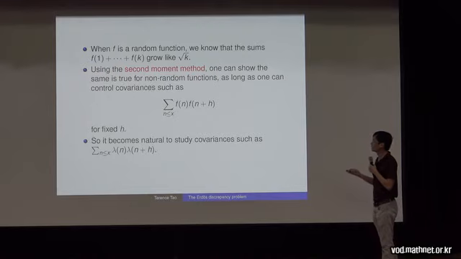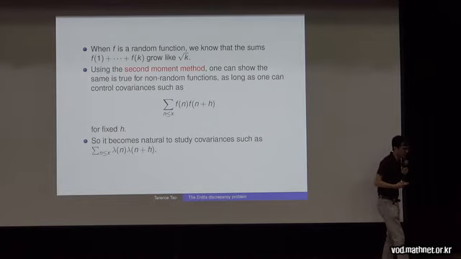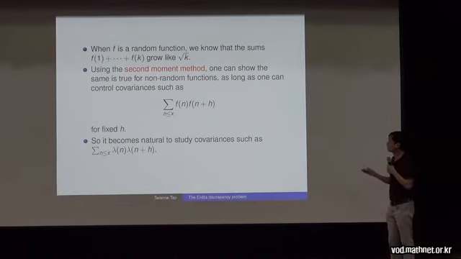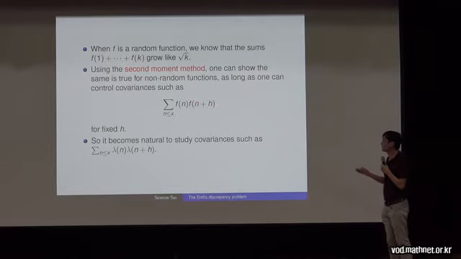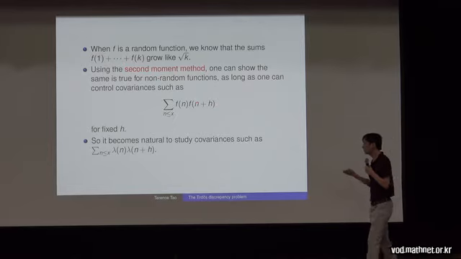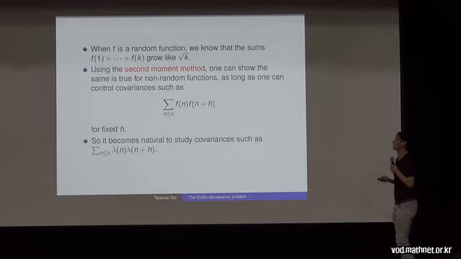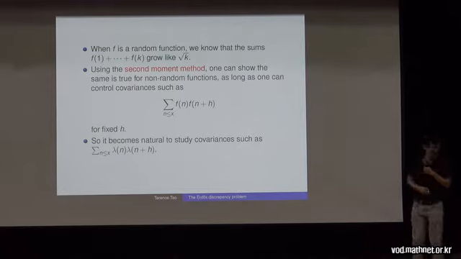So you sum things like f of n times a shift of f of n. These are called correlations or covariances. If all these covariances are small, then you can use tools from probability to show that this sum must be big. Basically, you can show that the variance of certain randomly chosen subsums of the sum is big.